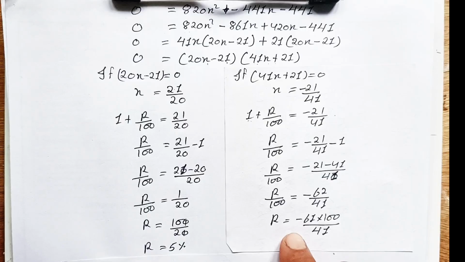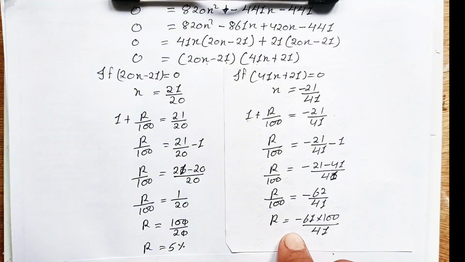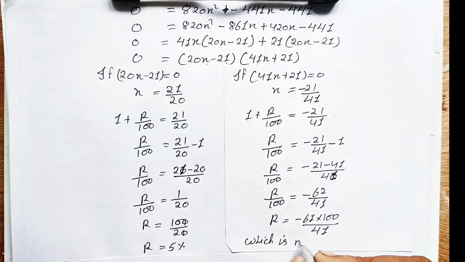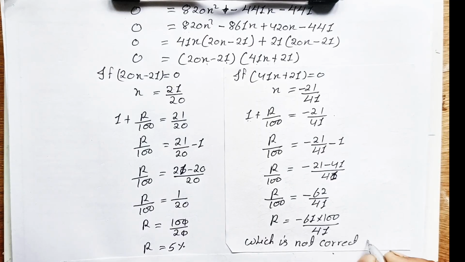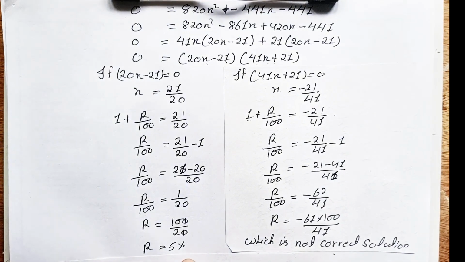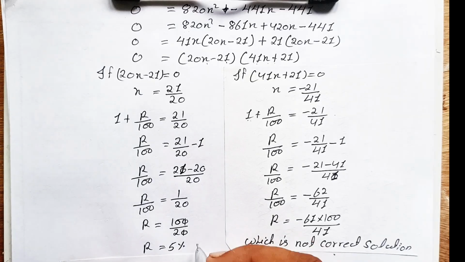So this value of r is not possible because the rate of compounding should never be a negative value. Therefore the correct solution for the rate of compound interest is 5% per annum.